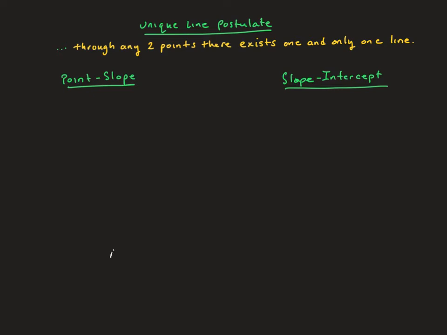So the point slope form again is y minus y1 equals m times x minus x1, and that y minus is going to be part of the formula. We will need an ordered pair, x1 and y1, and we will also need to find out what my slope is in order to create this equation of a line.